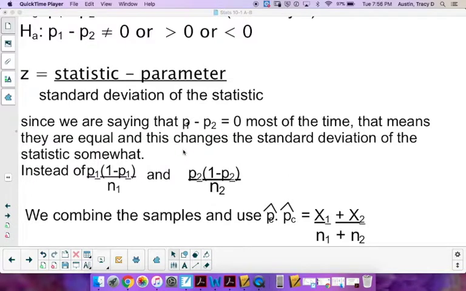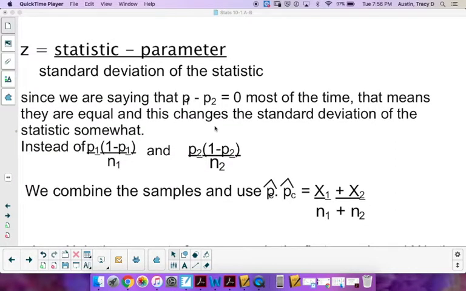This changes our standard deviation just a little bit. Instead of doing the two separate pieces and putting them inside the square root, right? We're not interested in them being separate because we're assuming, right, that there's no difference between them. That's what that null hypothesis means. Okay, so we combine the pieces.